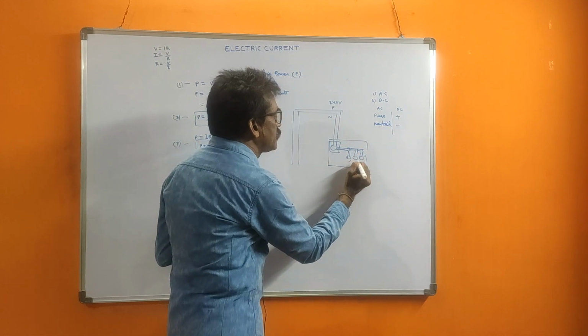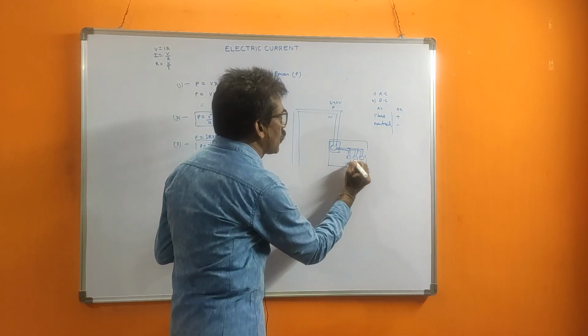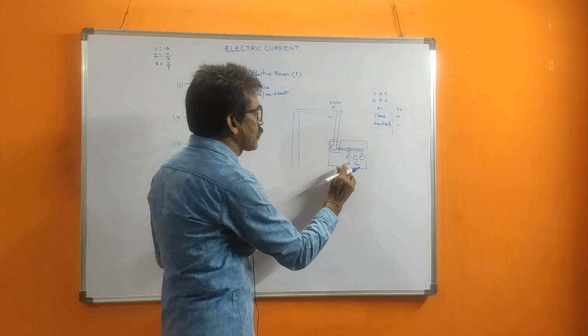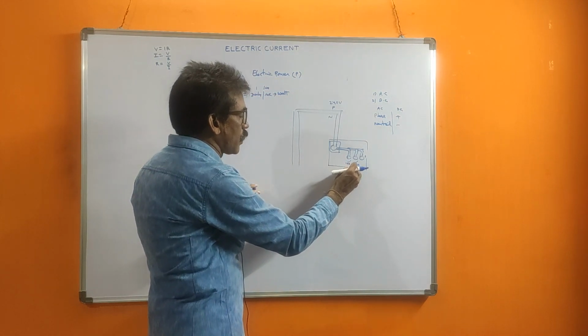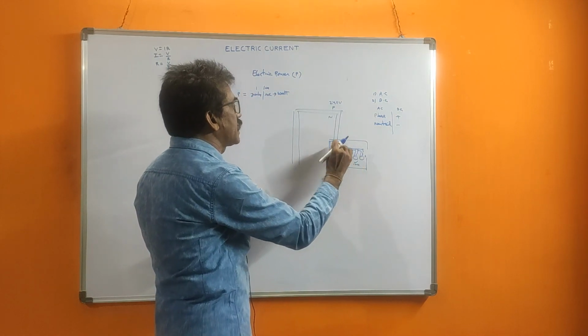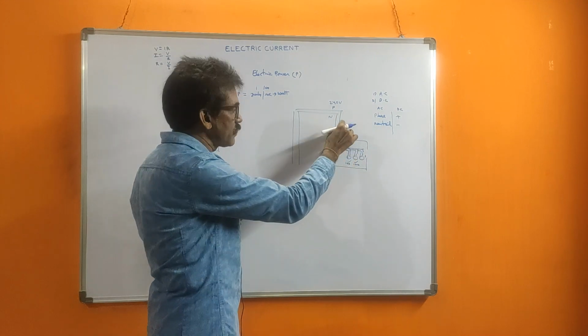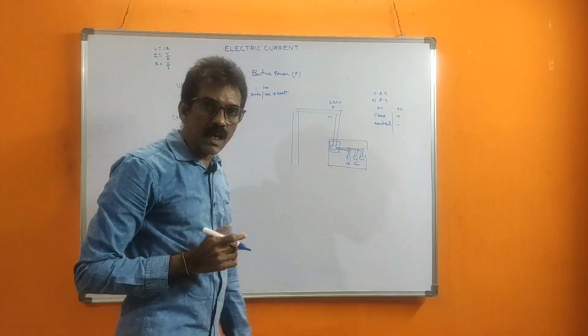Suppose this is on, this is on. This is a 100 watt bulb, this is a 1000 watt heater. So totally 1100 watts of power it will draw, and the meter will take the reading.